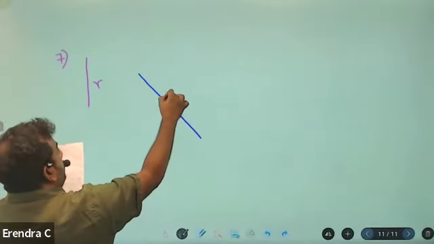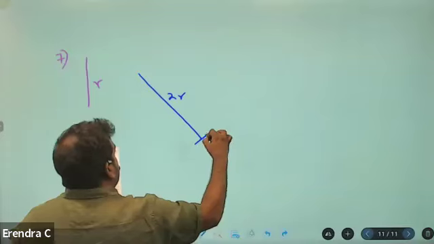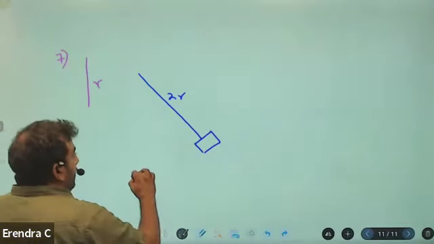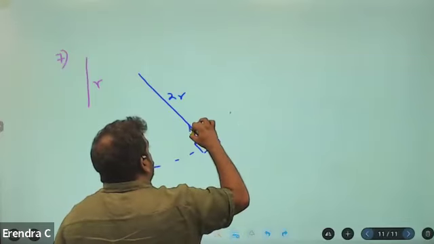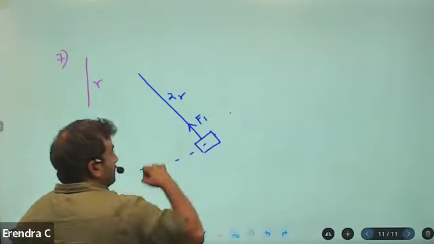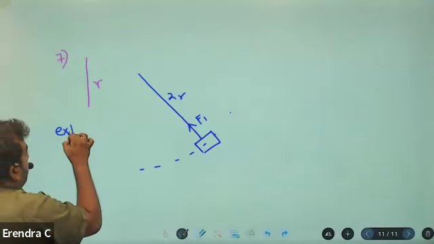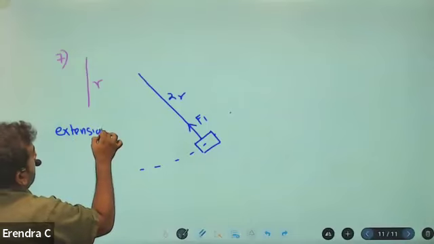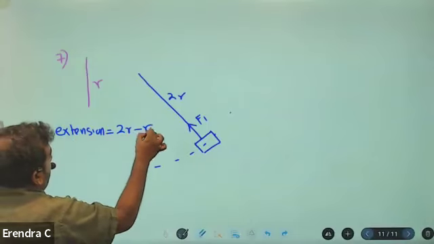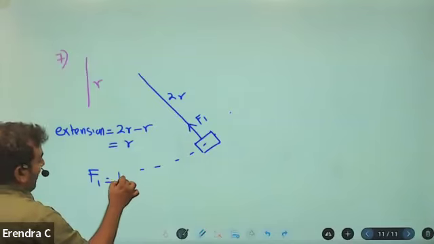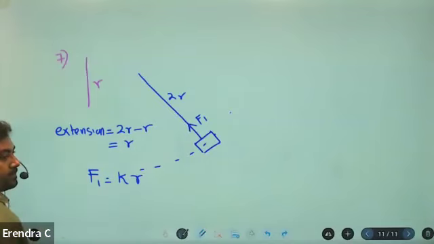Now 2r, r is here. So going in a circular path means here there is an elastic force. Listen. Extension is 2r minus r, which is r. Elastic force is k times extension r.